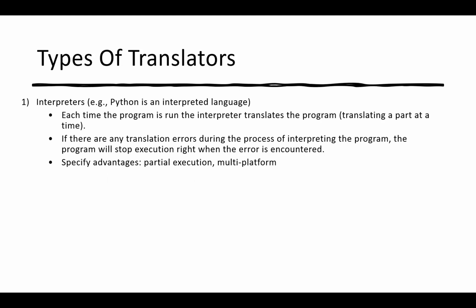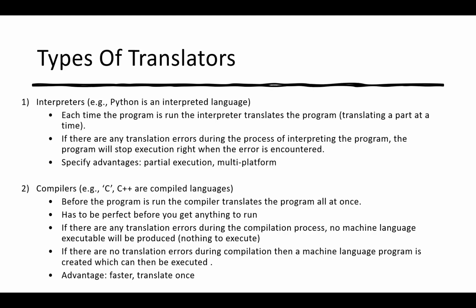Each time the program runs, the interpreter translates the program line by line. Therefore, if there are any translation errors during the process, the program will stop when the error is encountered. Therefore, the advantage is that even though you have bugs in your code, you can run up to that point, and you can compile on multiple platforms. Right, the compiler.